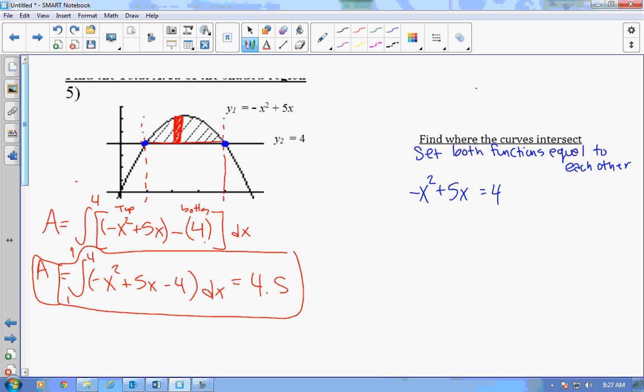How would you solve for x on this quadratic? You could complete the square. I would not choose that, but you could. If you're comfortable with completing the square, by all means, do it. Okay, I would move everything to the right side so we have a positive x squared. And make it 0 equals positive x squared minus 5x plus 4.